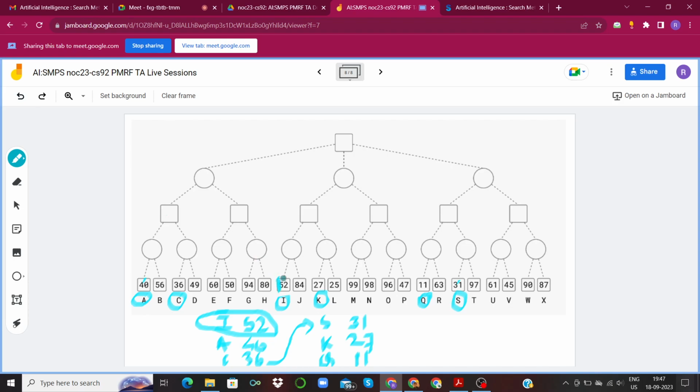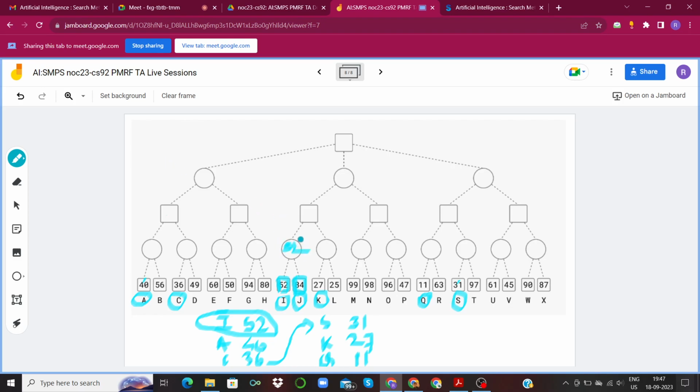In order to solve the parent of this node, we will look at the neighboring or sibling of this particular node, which happens to be this J node. We see that this does not have any other sibling, so we will say that J is also solved with value 84, and because both 52 and 84, I and J, have been solved, we can say that the parent of these two has also been solved, and we will assign it a value 52.